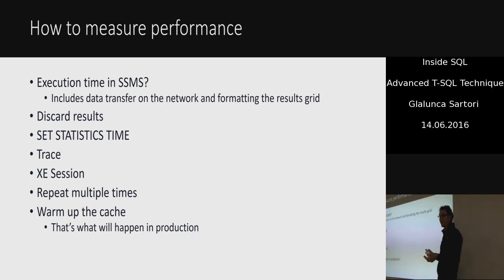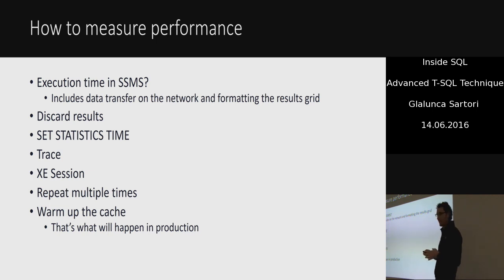Or if you have multiple executions of something that has parallel queries, the level of parallelism that you get in different executions could be different. So that's one of the things to take into account. And what you do is you repeat the execution multiple times, you average the times, and you take that average into account.